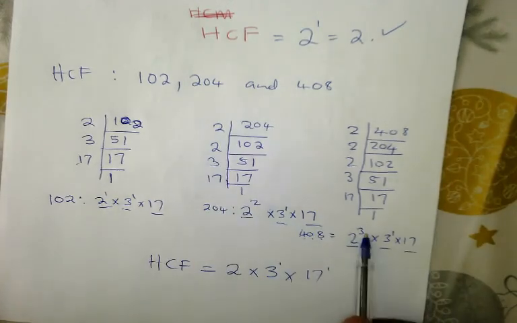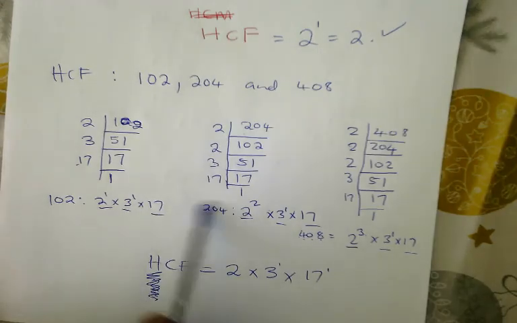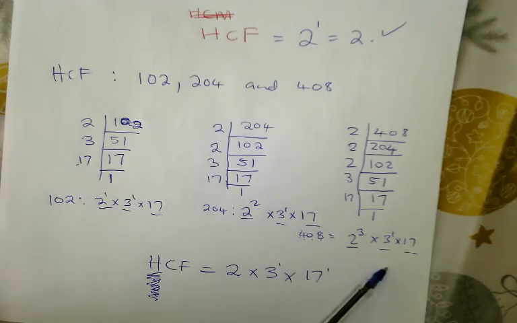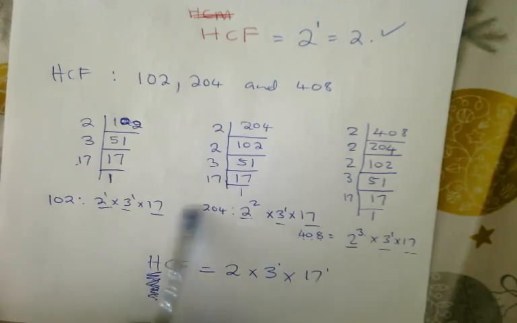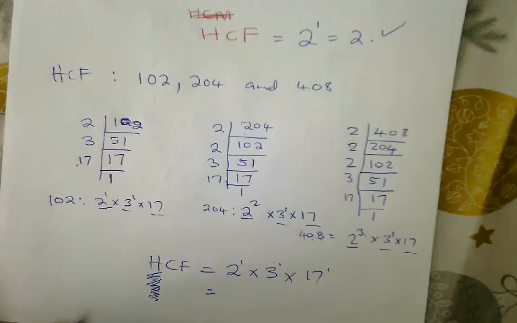So for the highest common factor, remember it's vice versa. For the highest common factor, we take the lowest exponent because it has to be something that appears in all these numbers. So here it will be 1. And then you can multiply it out, it will give you this answer, 102.